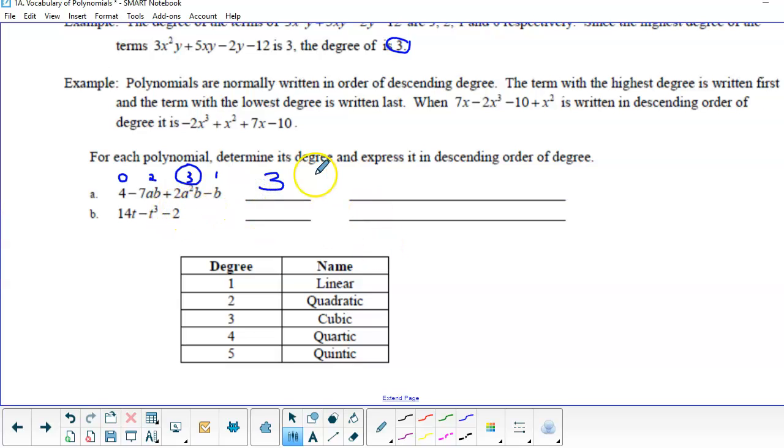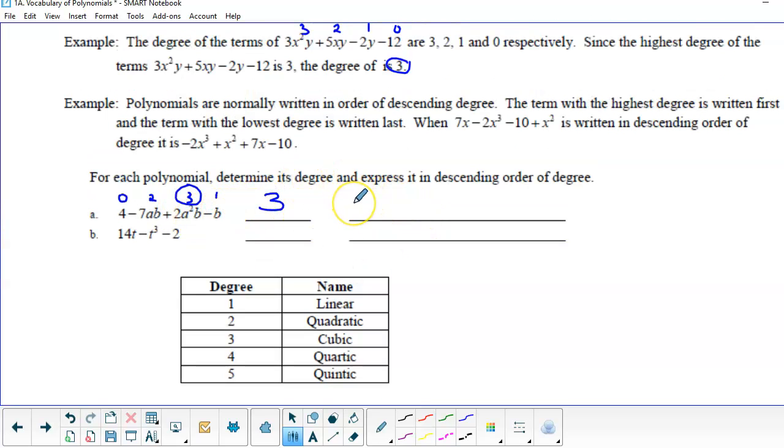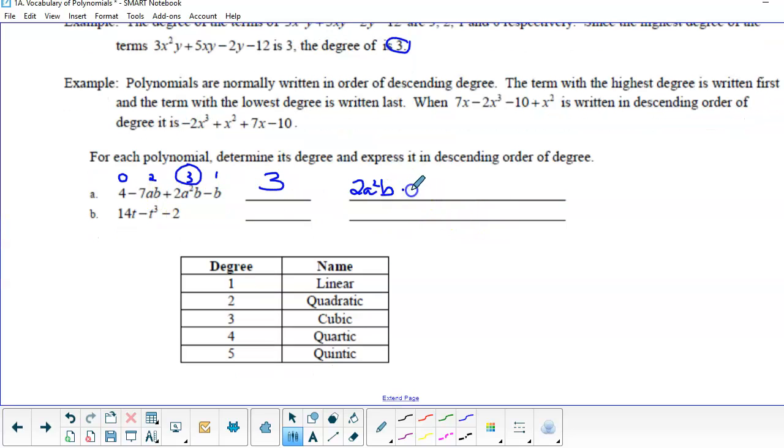Okay, and then descending order of degree. So we have to put that highest degree term first. So 2a squared b. Then the next highest is degree 2, so that's minus, remember you keep the sign in front, minus 7ab. Then degree 1 would be minus b.